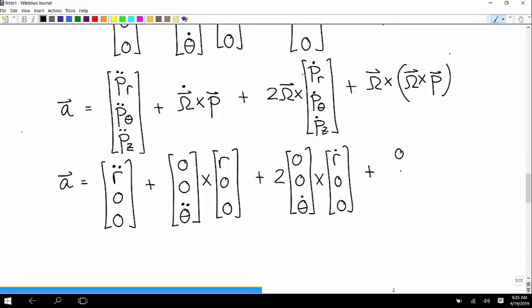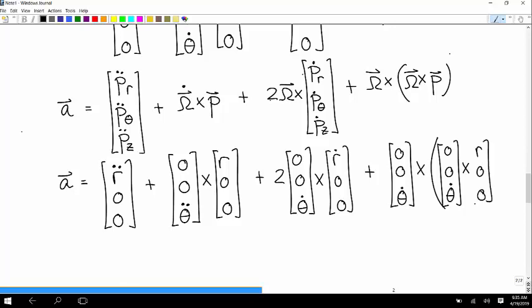And then we have 0, 0, theta dot crossed with the quantity 0, 0, theta dot crossed with r, 0, 0.